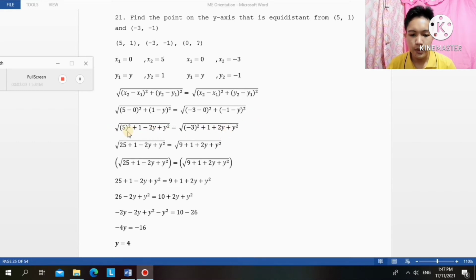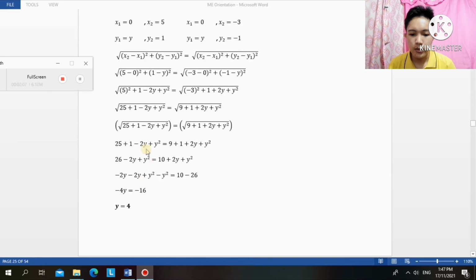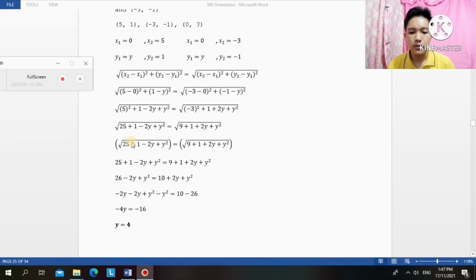So 5 raised to 2 is equal to 25, and negative 3 raised to 2 is equal to 9. Square both sides to cancel the square root. So our equation will be 25 plus 1 minus 2y plus y squared is equal to 9 plus 1 plus 2y plus y squared. So combine like terms.